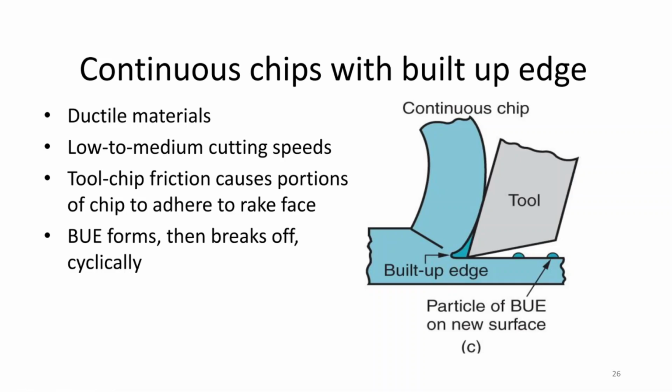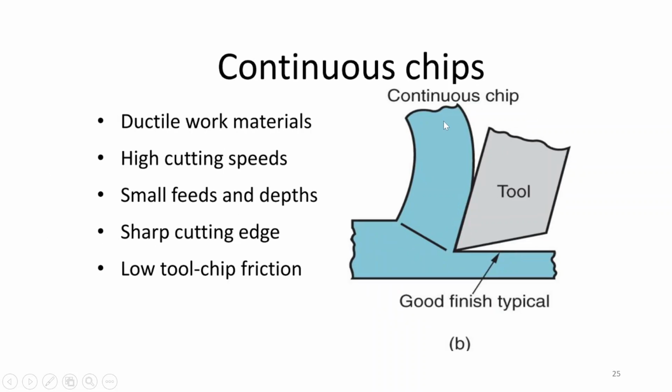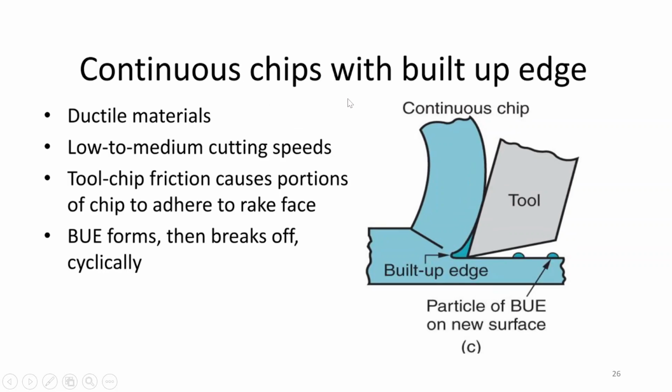Next is continuous chips with build-up edges. So here, as it is shown, there are build-up edges and there are particles that are left because of build-up edges on the new surface. So the surface that is formed won't be as smooth as it will be in case of continuous chips. This occurs in case of ductile materials and when low to medium cutting speeds are used.